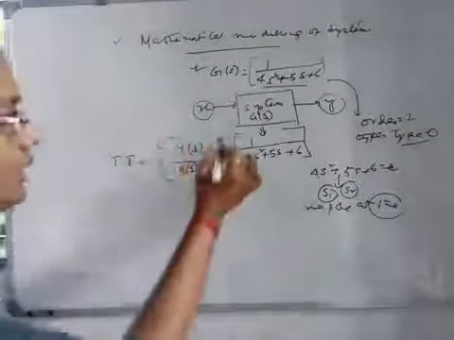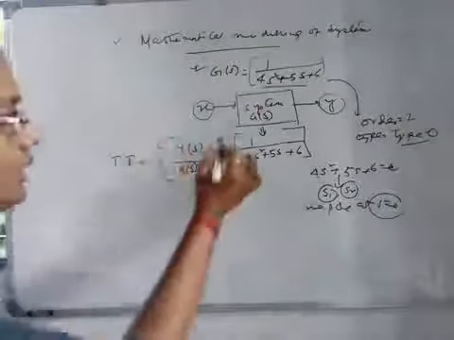So we get v0(t) equal to L di/dt. This is equation number 2. If we take the Laplace transform of equation number 2, we will get V0(s) equal to sL I(s).